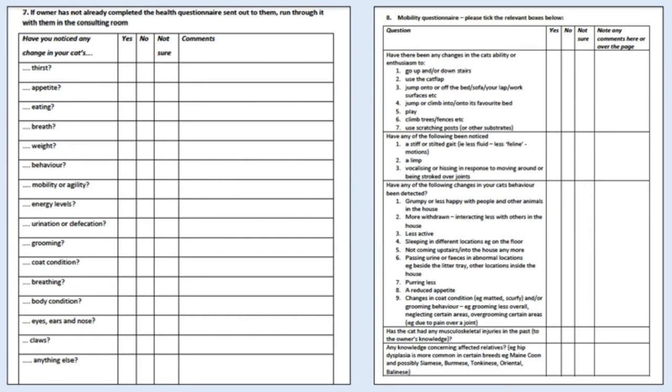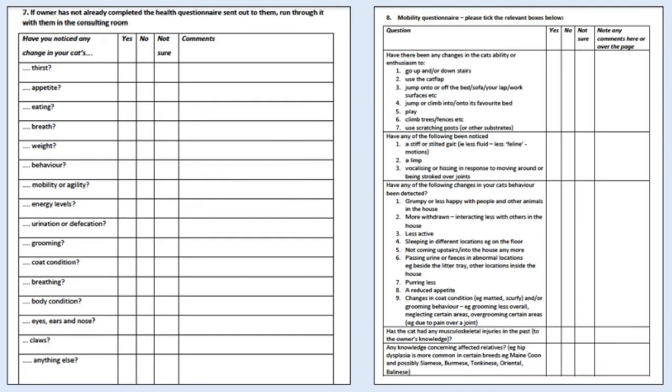Is it more grumpy or more withdrawn? So lots and lots of questions, and I think the usefulness of these questions is actually twofold. Part one is, of course, if you get the answer yes to any of these, as in there has been a change, it gives you something very definite to follow up. But also for the people that say no, it's been useful because they now know what to look out for in their cat.